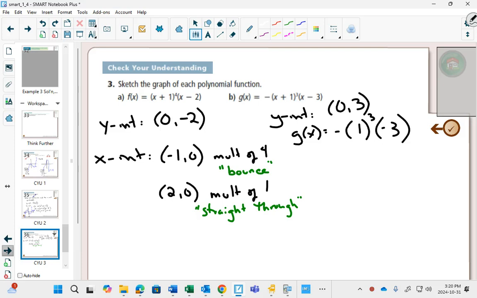The other thing that we have to think about is what kind of graph is this? When it's factored, it's a little bit harder. Okay? Now I'm going to write it out like this for you. X plus 1, x plus 1, x plus 1, x minus 2.